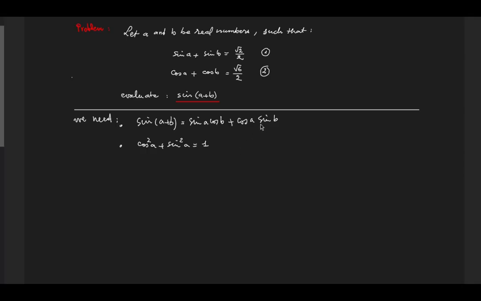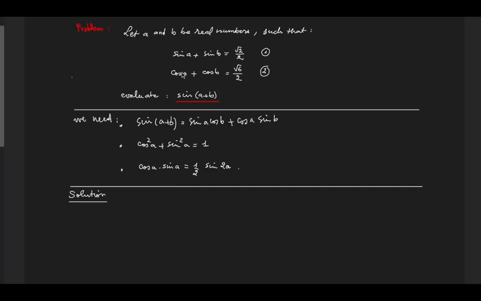A third identity is also necessary: cosine a times sine a is equal to 1/2 sine 2a. We will need other equalities, but let's just start with these three.